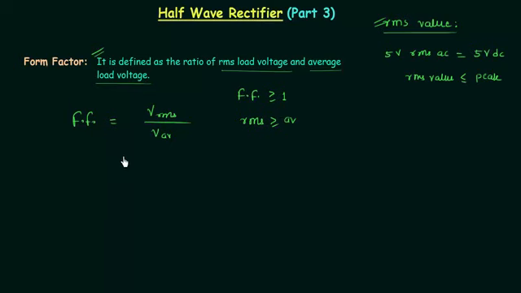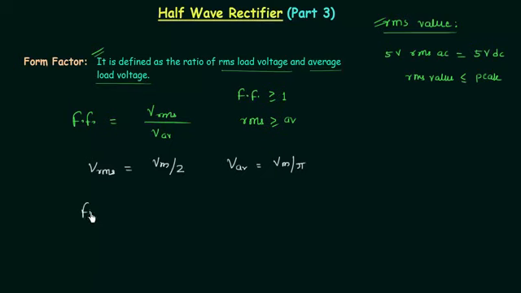Let's try to find out the form factor for half wave rectifier. We already know the RMS value of load voltage is equal to Vm divided by 2, and the average value of load voltage is equal to Vm divided by pi.